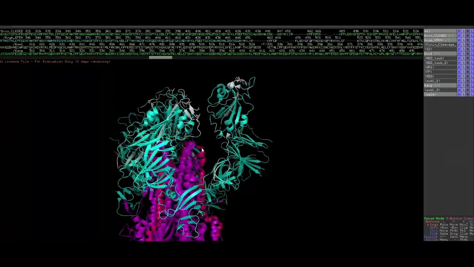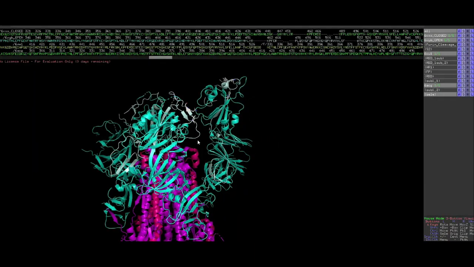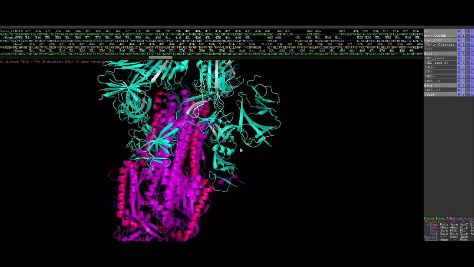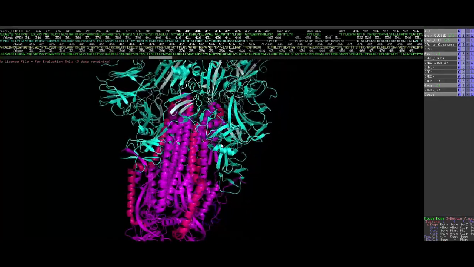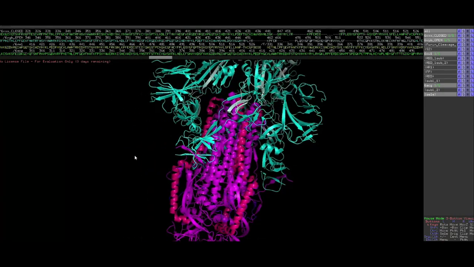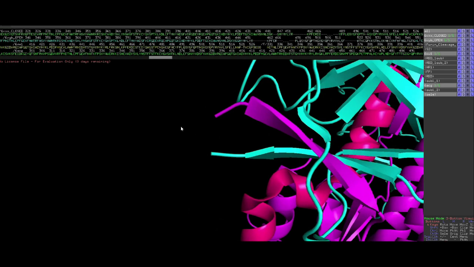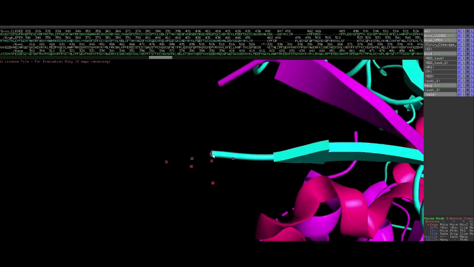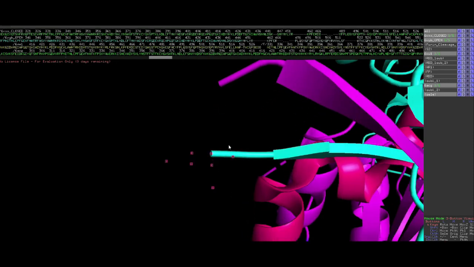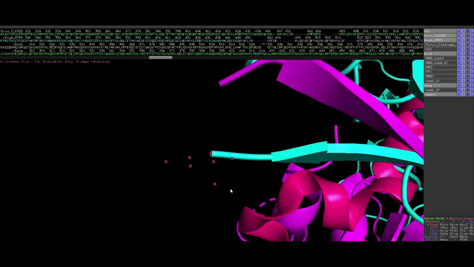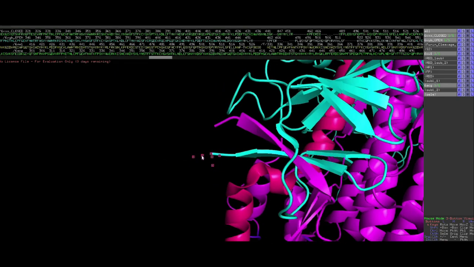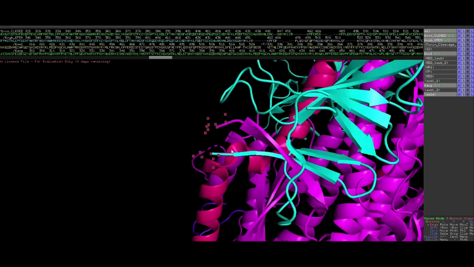And then between these 2 sections here, between the cyan and the magenta, there will be the section which we can sort of zoom in on. So this actually has a loop that would come around. There were some amino acids that they weren't able to model into their structure because they were too disordered. But this is the place where right here the S1 or receptor binding part of the protein turns into the fusion part of the protein.